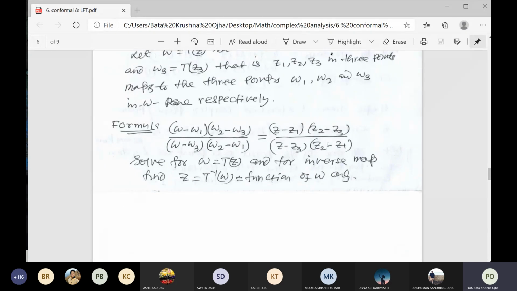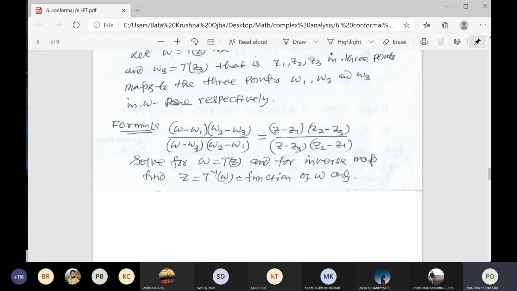How do you remember it? I will give you the tricks. First you start from W minus W1, W2 minus W3. You see the sequencing 1, 2, 3. Divided by, if it is 1, 2, 3, the denominator will be 3, 2, 1.